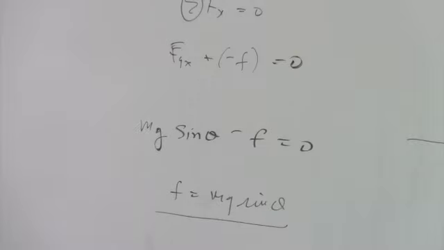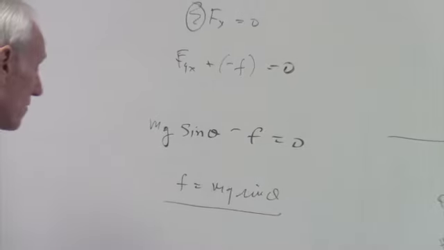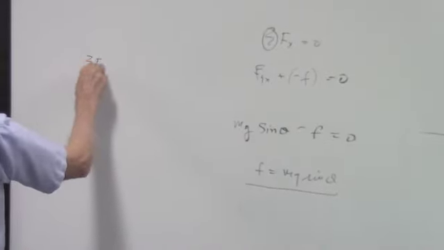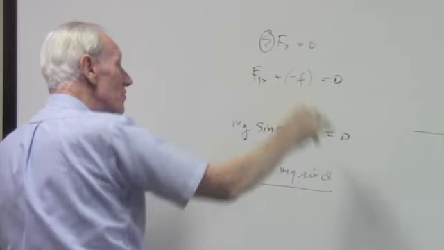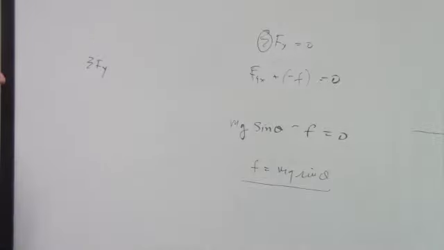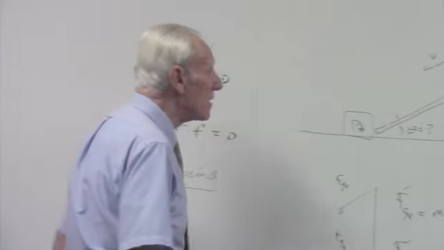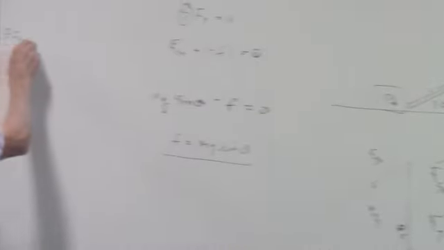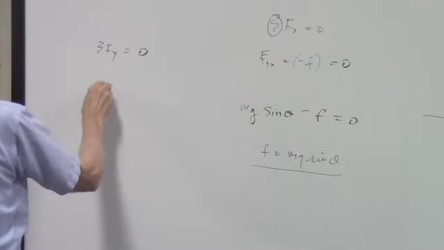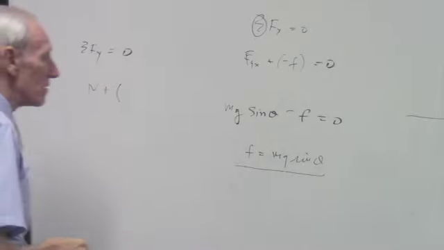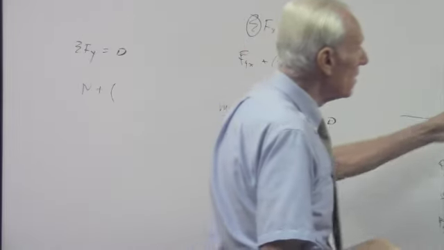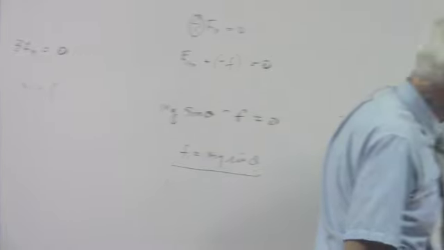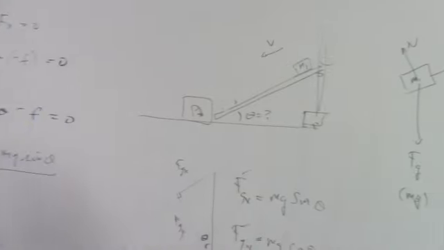Okay, so we don't know what theta is right now. So let's take a look at the sum of the forces in the y direction. Again, the y direction is this way, not vertical. So the sum of the forces in the y direction is the normal force in the plus y direction, plus the force in the minus y direction, which is not directly in the minus y direction, it's the component of the force of gravity acting downward.